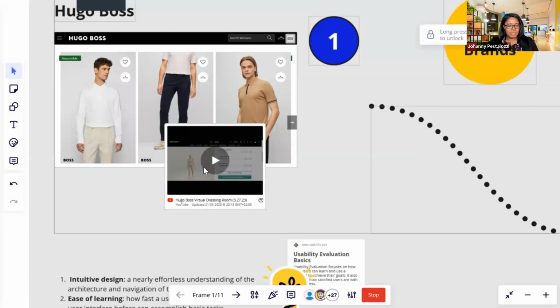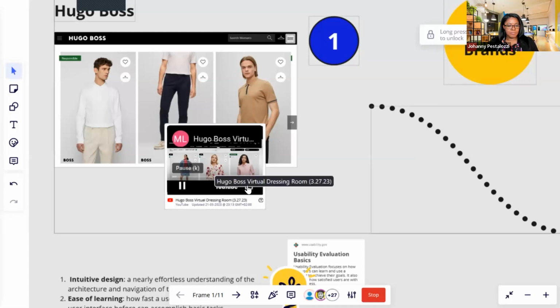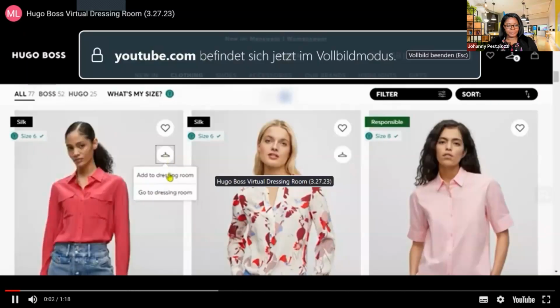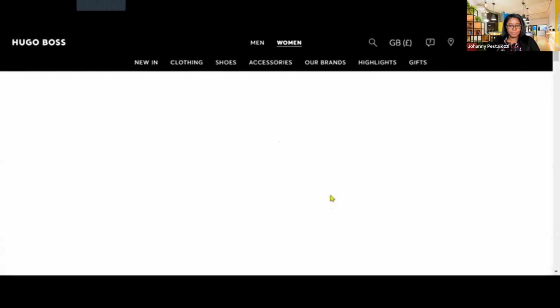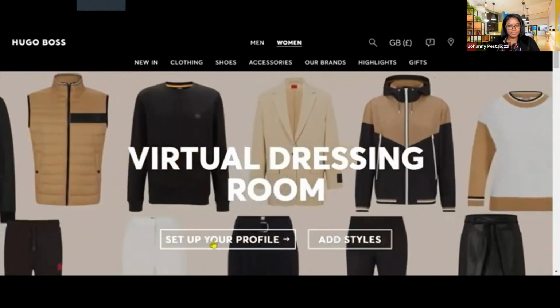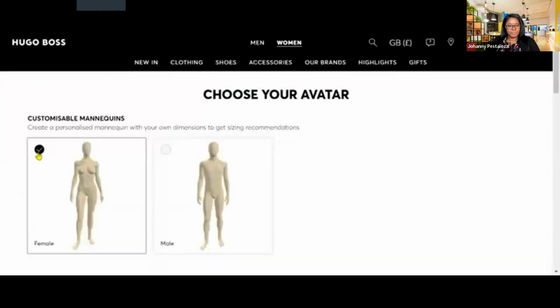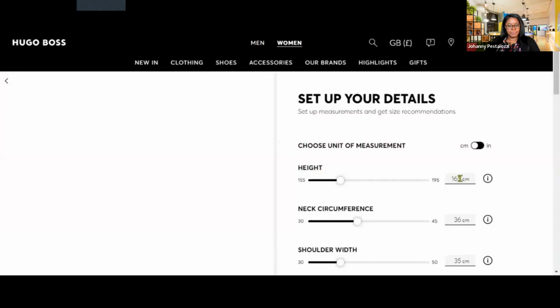So let me start it. Select the items and go to the dressing room. Before fitting, you can set up your own avatar. Input the body measurement.